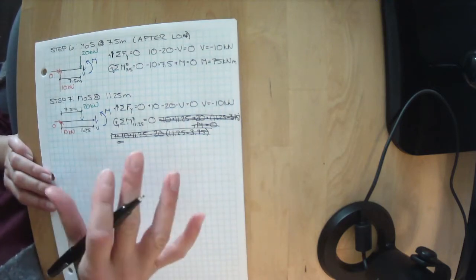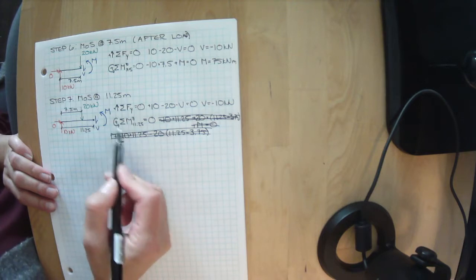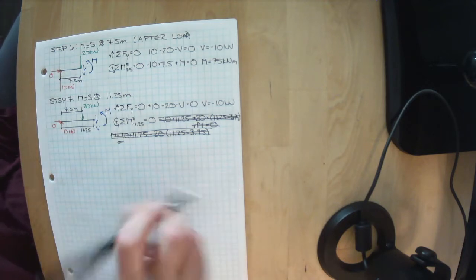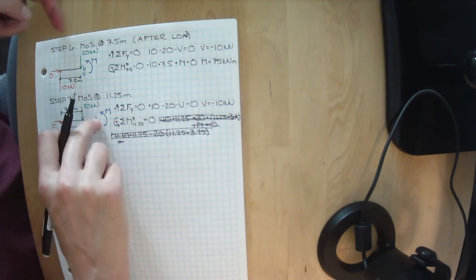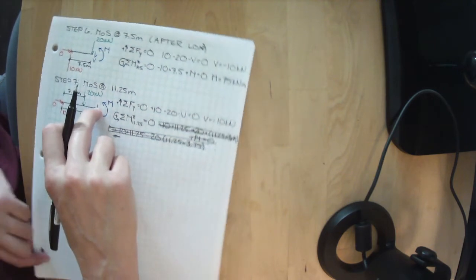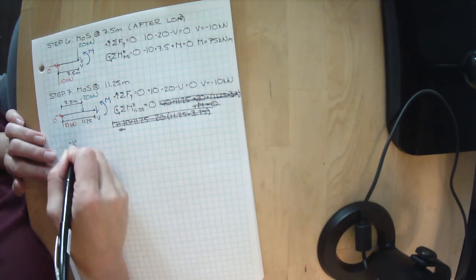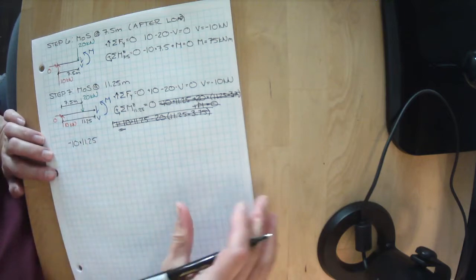Let me rewrite this for you, okay? All right, this is our equation here. We want to sum all the moments about our point right here. We've got our thumbtack here, our 10 kilonewtons is spinning it that way. So we have minus 10 times 11.25 meters away.